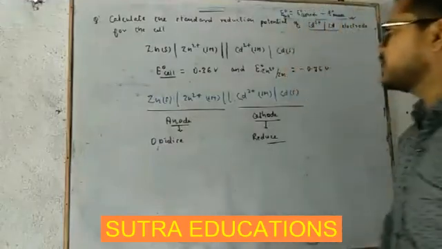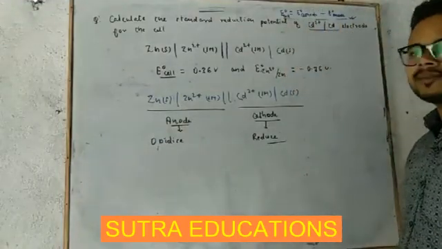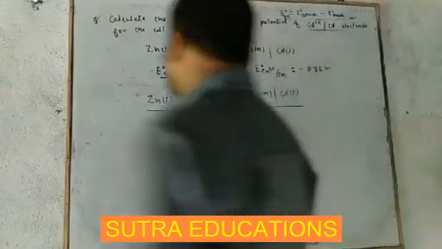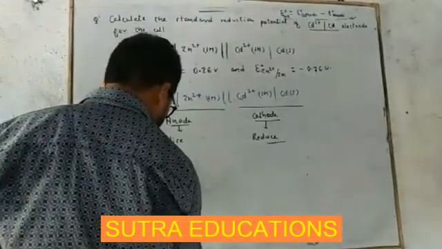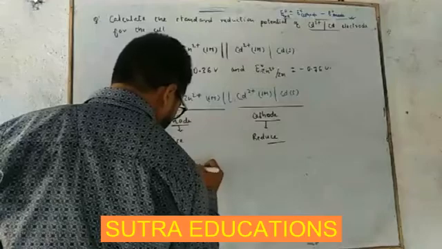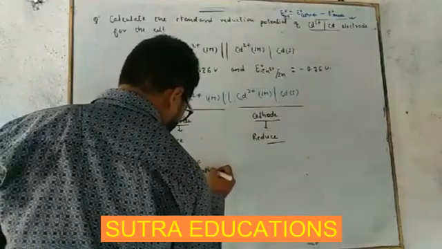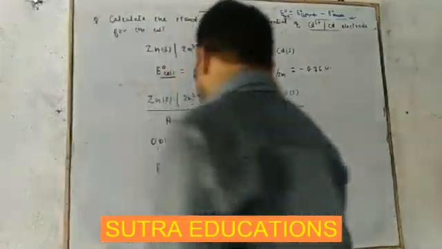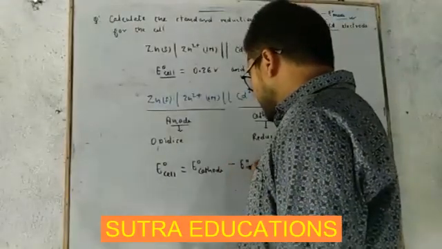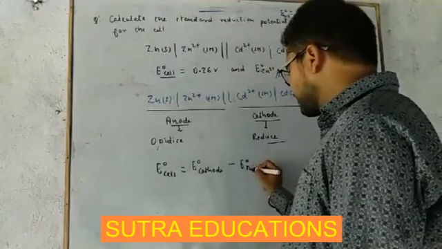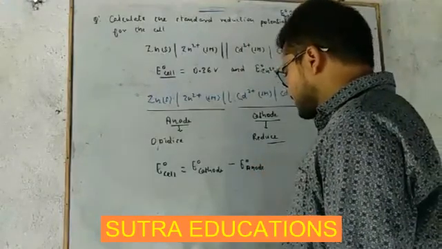Now we have given EMF of cell. We know the formula: E naught of cell, standard EMF of a cell, is equal to E naught cathode, standard reduction potential of cathode, minus E naught anode, standard reduction potential of anode.